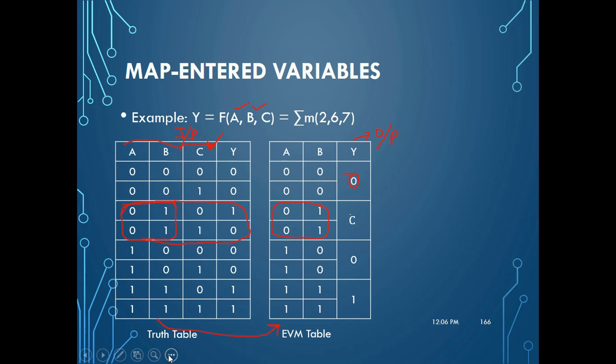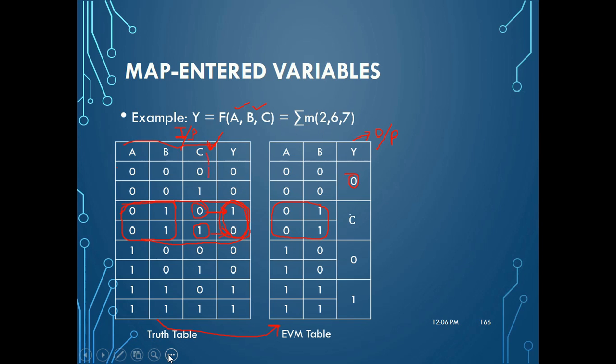What output you get? 1 0, 1 0. You may be confused which one to enter, whether to enter 1 or 0. See here, when C input is 0, you get complement of 0, that is 1. When C input is 1, you get complement of 1, that is 0.